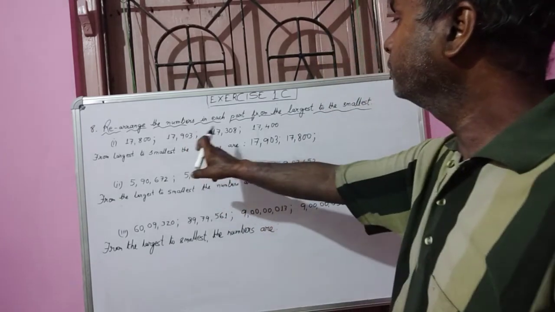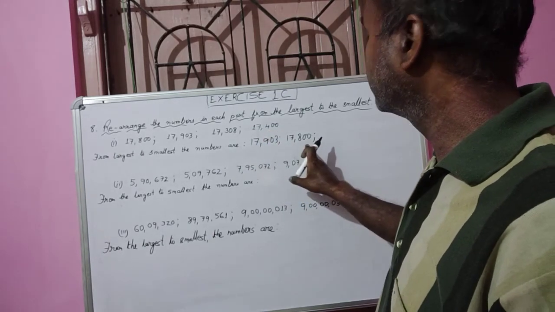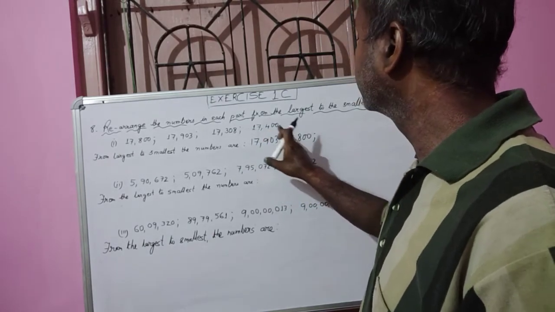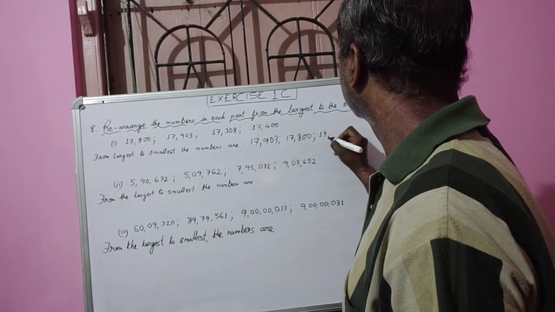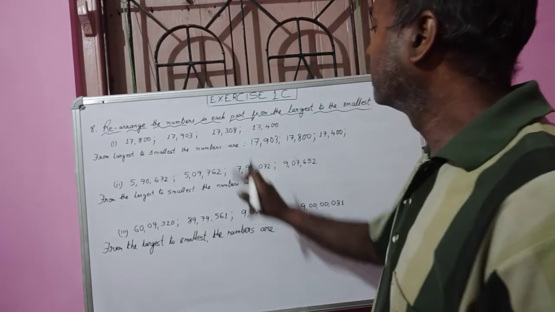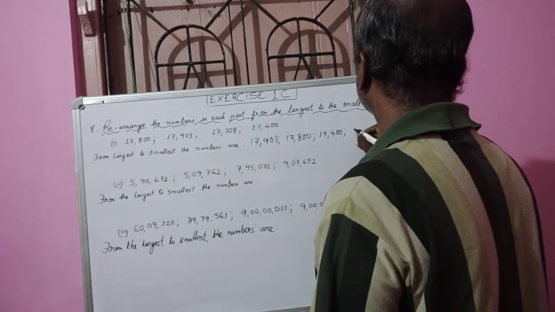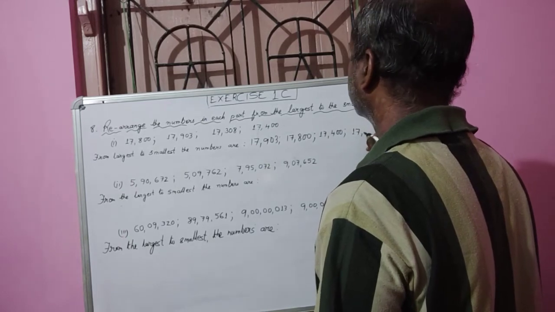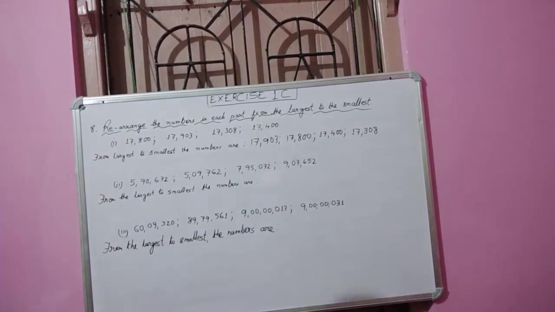After that we have 300 and 400, so the next number smaller than 17,800 is 17,400. And the smallest number out of these four is 17,308. So this is the arrangement from the largest to the smallest.